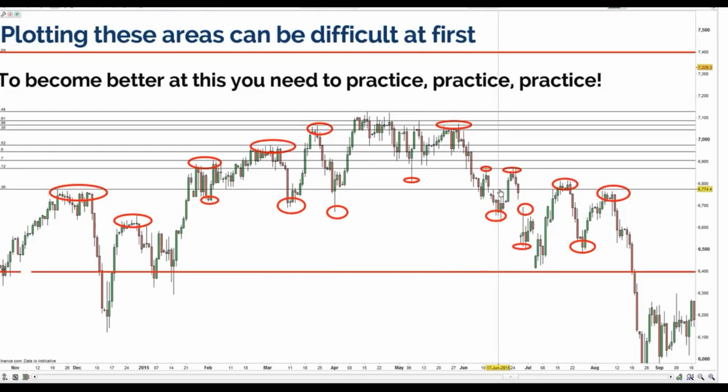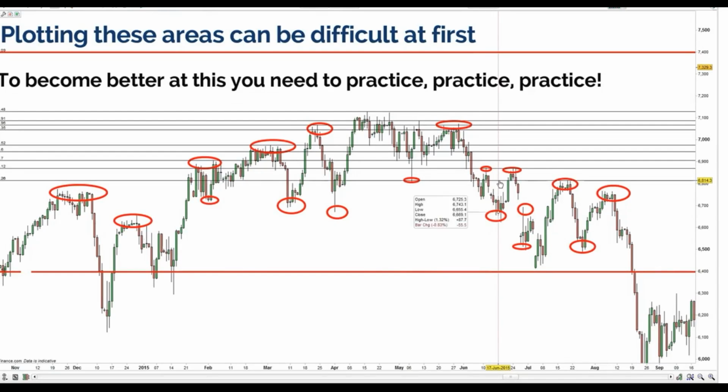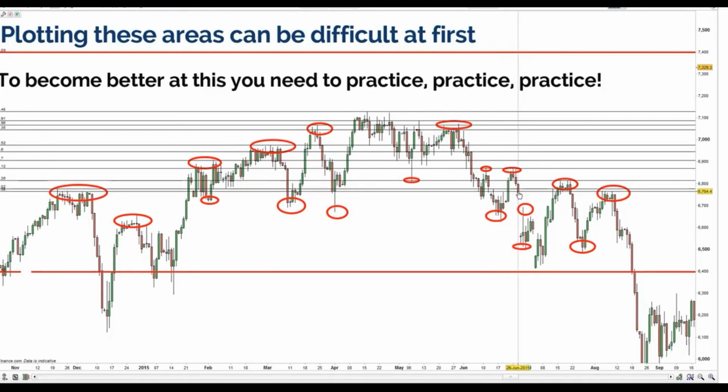As we come down a bit further, we've got this one here. So there. Actually, this one could probably come a little bit lower and encapsulate that reaction as well.